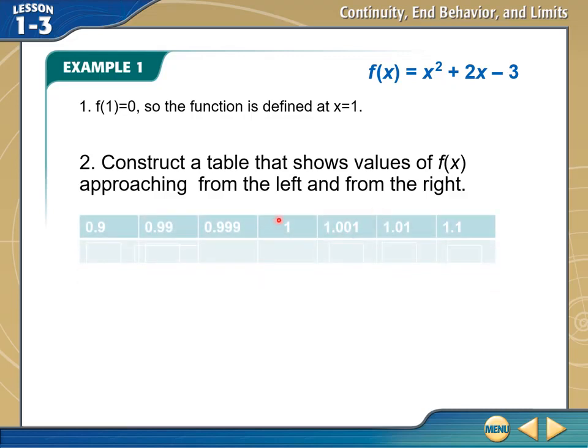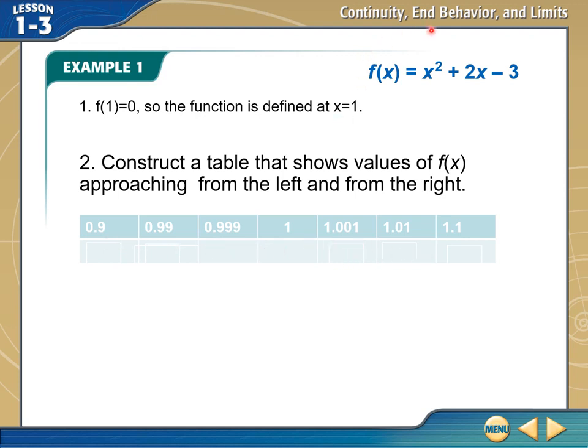So the table is over here. I'm going to add 1 in the middle because this is my c here, and a couple of numbers greater than 1, maybe 1.001, 1.01, 1.1, and 3 numbers less than 1, for example 0.999, 0.99, 0.9. Where am I substituting these numbers?